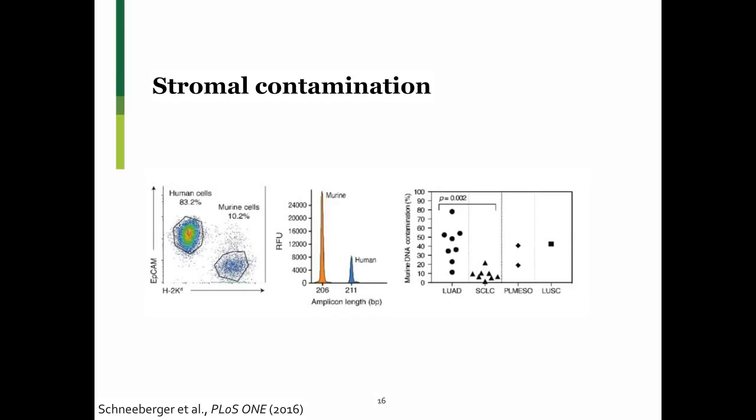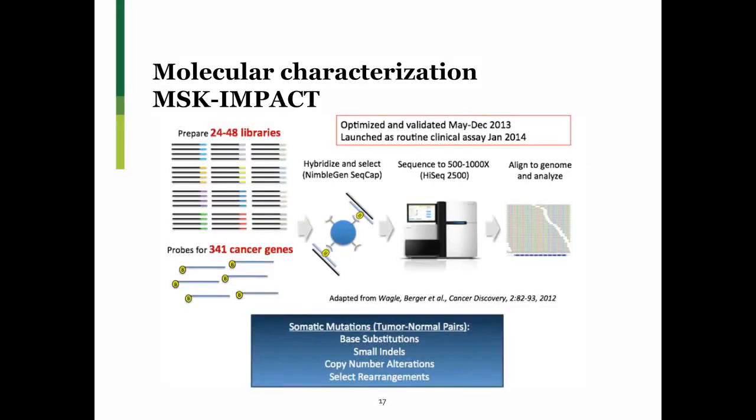Part of why we started to think very hard about this problem of contaminating mouse cells was that it was our endeavor to have as careful molecular characterization of these xenografts as we could, and we wanted to implement a targeted sequencing assay that's now used in the clinic at our institution called MSK Impact to characterize these samples.